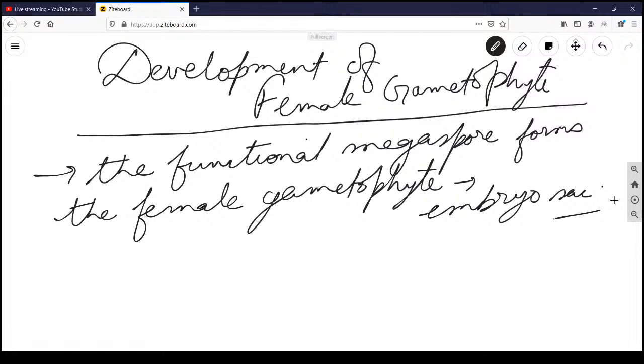It is a symmetry. Microsporogenesis and megasporogenesis: just learn these 2 topics as symmetrical things. Try to correlate, and then both will be completely inculcated in your brain.